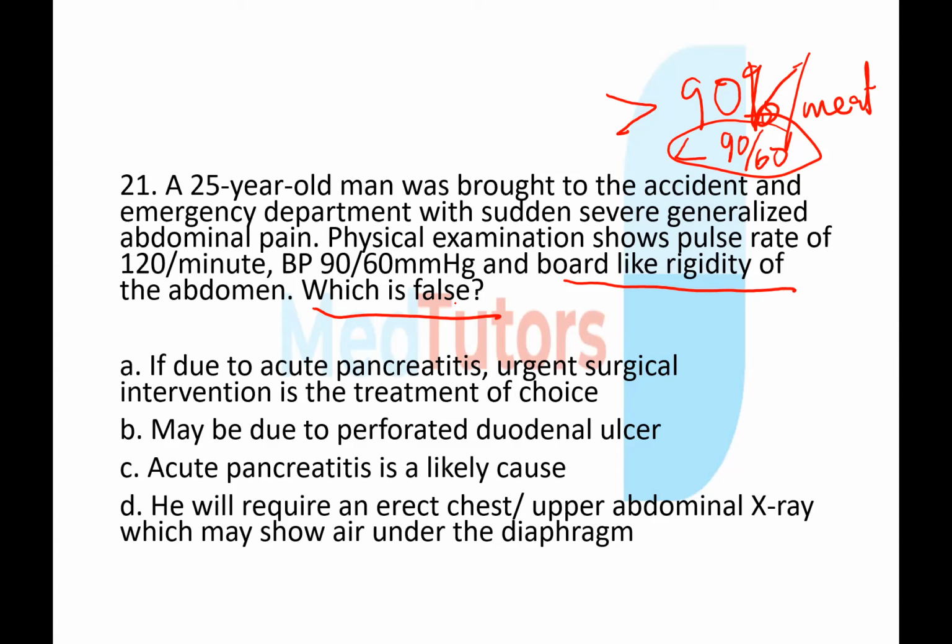Okay. Now, if you look at all these options, A is not correct. Why is it not correct? If it's acute pancreatitis, you do not explore the patient. So it doesn't require an urgent surgical intervention. You commence resuscitation, give antibiotics and analgesics, IV fluids generously, and it subsides.